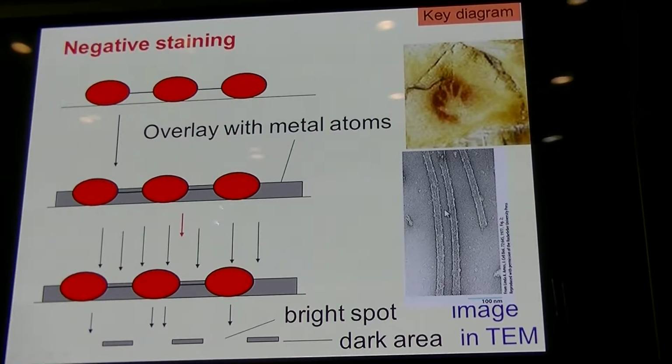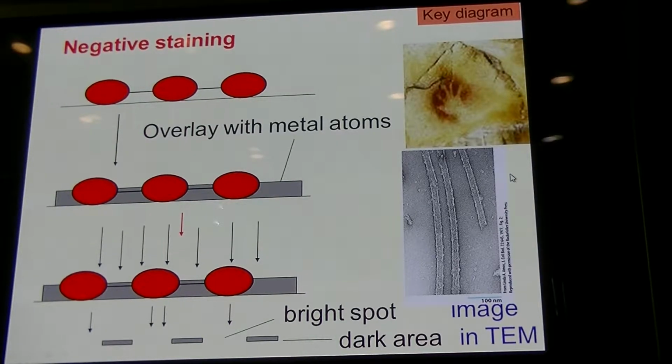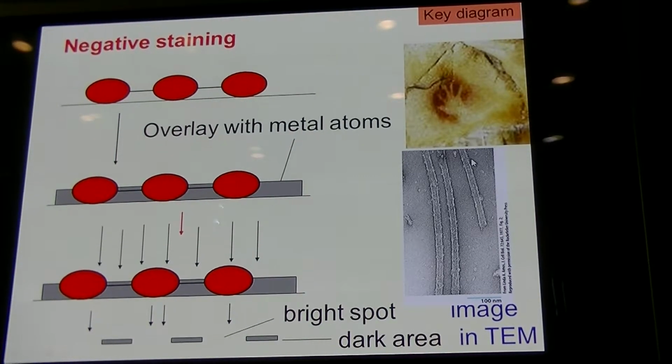So here we have an image. These are microtubules, isolated from cells, and they're put on a grid, on a thin carbon film. A heavy metal salt is deposited. That salt actually tends to accumulate a little bit around the edges of our macromolecules. So you see that dark outline very close to our microtubules. And microtubules are hollow.